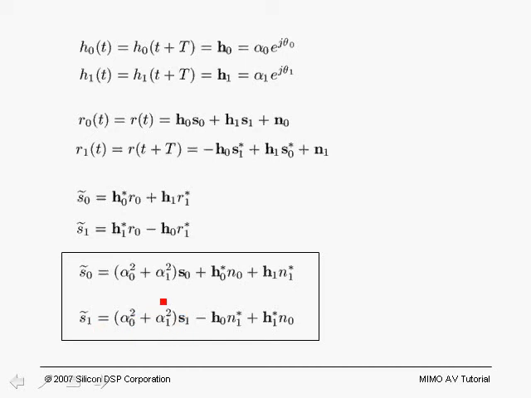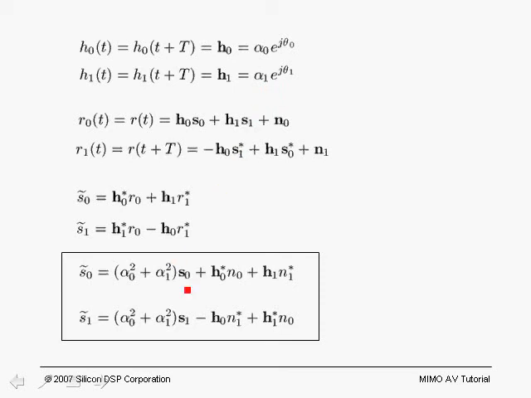So we have recovered the originally transmitted carriers using the Alamouti scheme. Now let's take a look at these terms alpha 0 and alpha 1, which correspond to the different paths from transmit antenna 0 to the receive antenna and transmit antenna number 1 to the receive antenna.